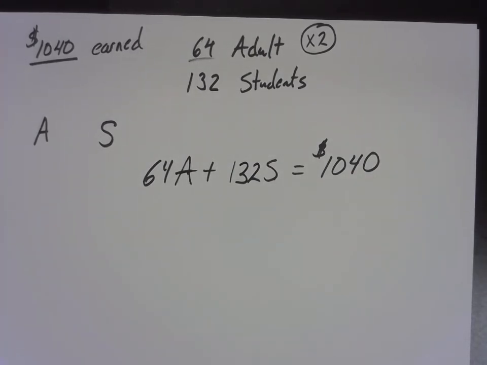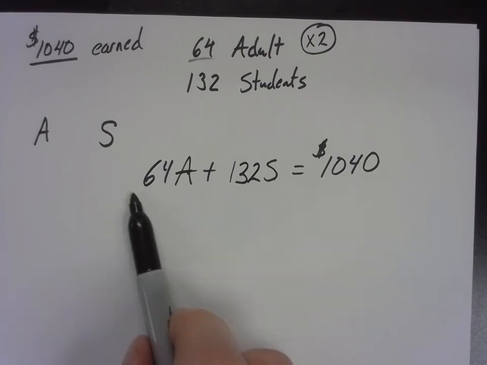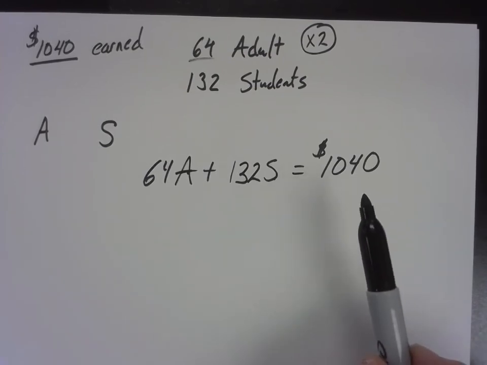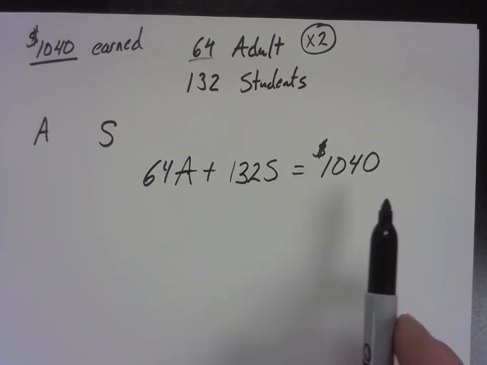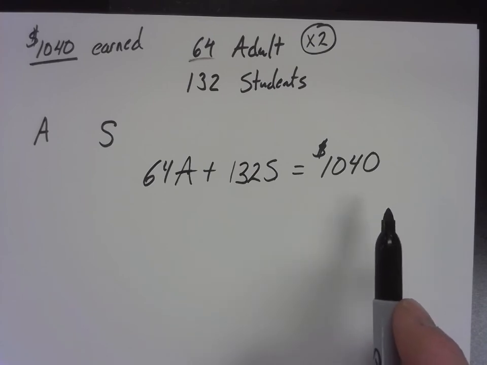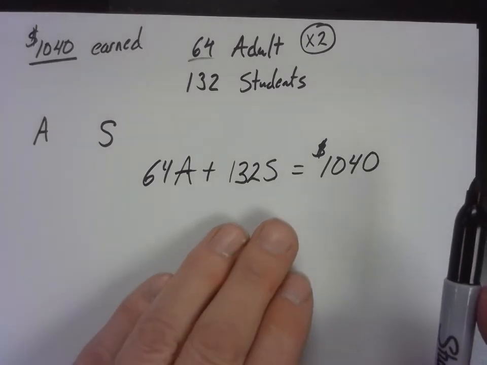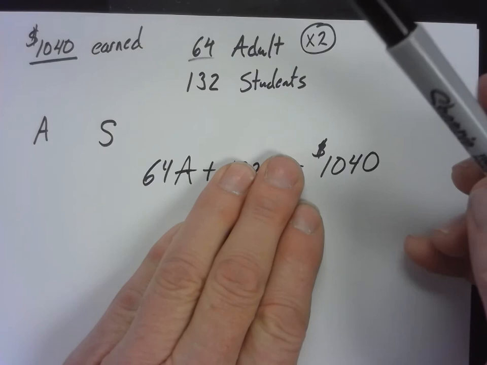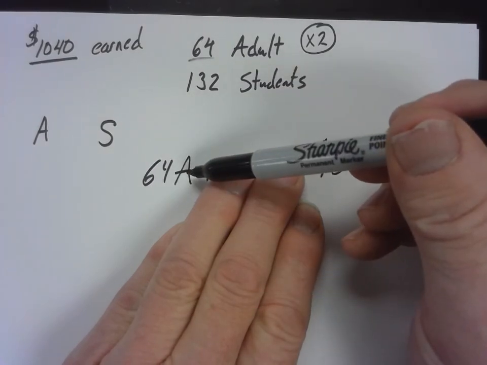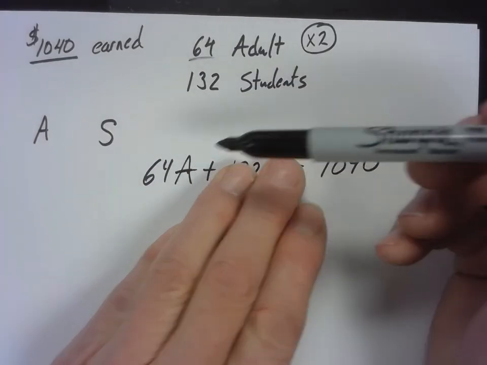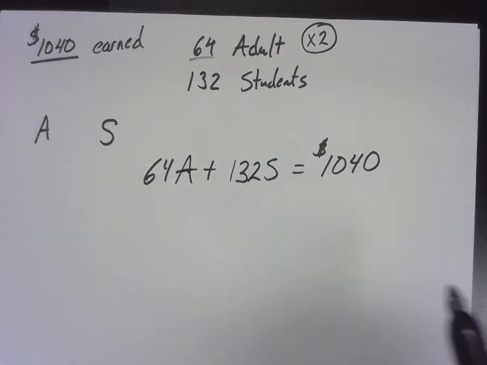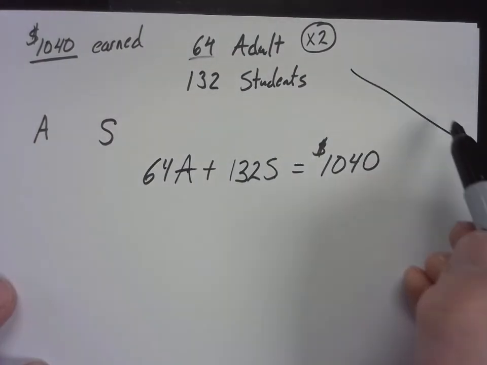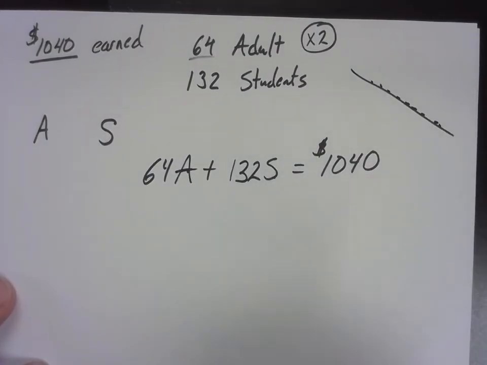Okay, so that's one equation. Now the problem with this one equation is there's lots of different combinations that'll work. Like you could sell 0 student tickets and just have the adult price really high, or vice versa. It's a linear equation. There's lots of possibilities here for the prices.